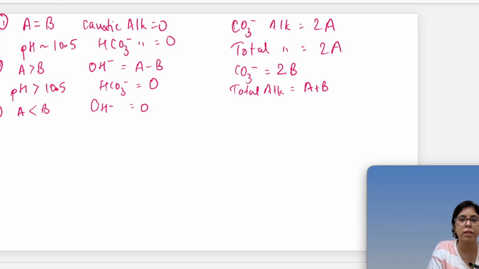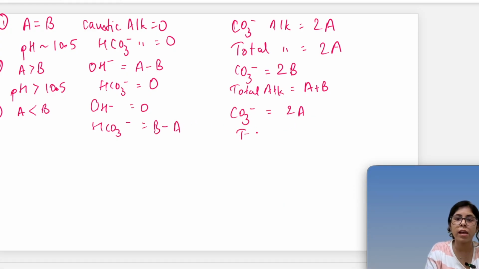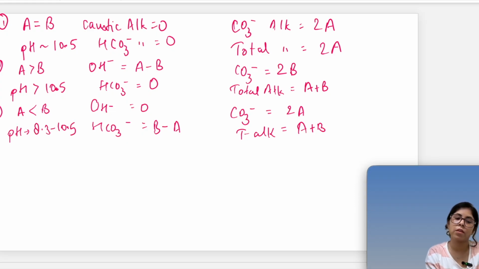We have carbonate alkalinity, CO3 2 minus, which is 2 times A. We have bicarbonate alkalinity, which is B minus A, and we have total alkalinity, which is A plus B, and the pH comes into the range of 8.3 to 10.5.